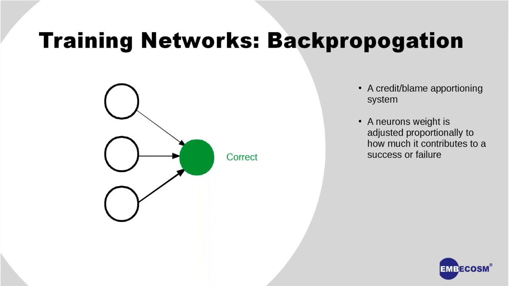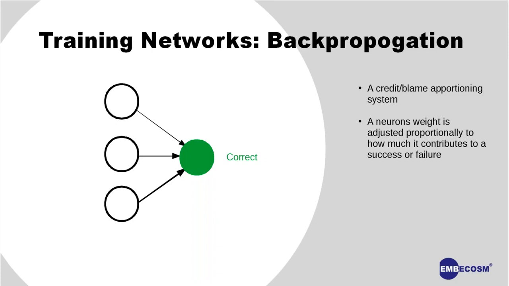In backpropagation, the amount that a neuron contributes to a correct or incorrect solution corresponds to how much it is rewarded or penalized for that. The intuition here is that I feed some things into my neural network, see what comes out, and if it's correct, I reward it, and if it's incorrect, I penalize it.